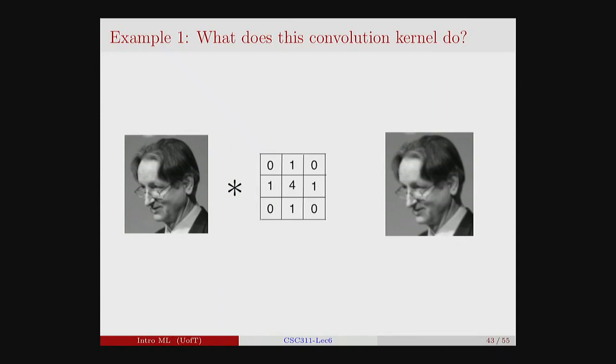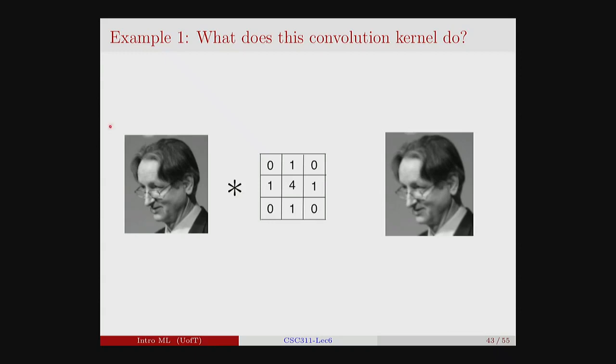Because like I said, this is not a new idea, and people have been taking filters in computer graphics and vision and convolving them with images for a long time before neural networks came along. So if you had this particular filter, this is what's called a blur filter. If you take this image of Jeff Hinton and apply this convolution operation of this filter through it, you'll notice that it's a symmetric kernel matrix, so it doesn't really matter if you flip it.